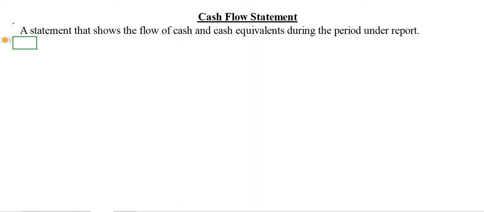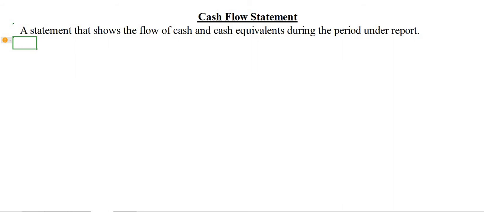So this is the statement which is prepared to analyze which are the various bases of receipts of cash or inflow of cash, or transactions which create an increase in cash, and outflow of cash means payments of cash or transactions which result in a decrease in cash.